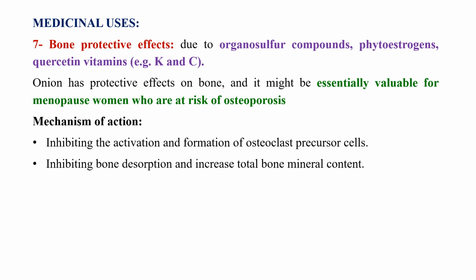Onions as well are very important for their bone protective effects due to their organosulfurous compounds and the phytoestrogen we previously mentioned as part of the active constituents. Also for the quercetin and vitamins such as vitamin K and C. Onions have a protective effect on the bone, and might be especially valuable for menopausal women who are at risk of osteoporosis.